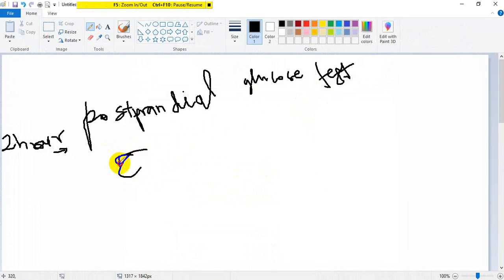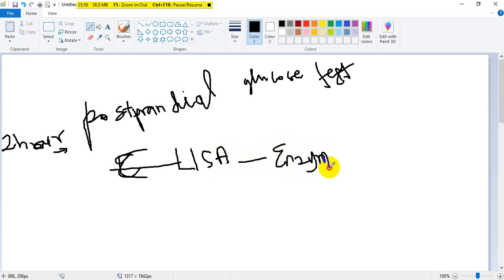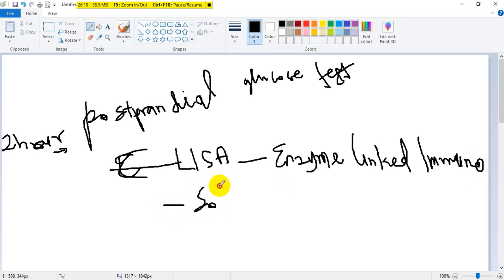We use the ELISA technique. ELISA means enzyme linked immunosorbent assay.